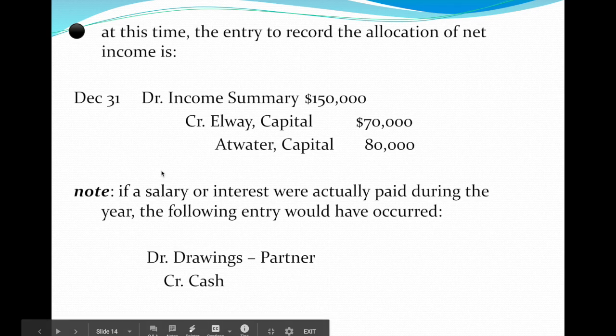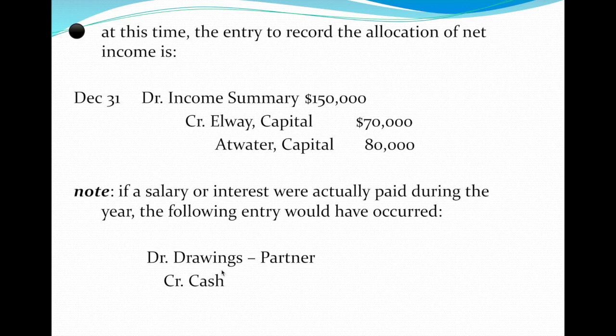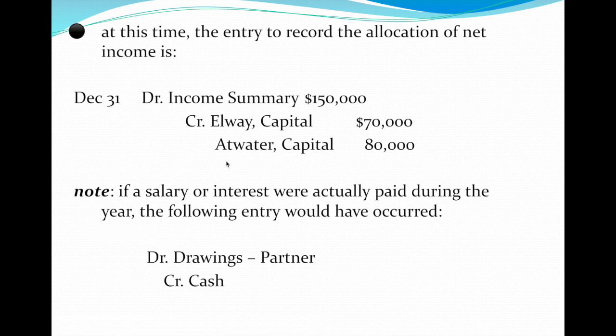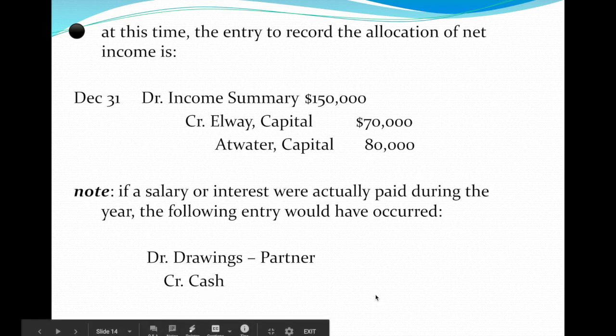Alternatively, if you wanted, you could do drawings for one partner and then cash for that amount, and then drawings for the other partner and then credit cash for that amount. You could do whichever you want. Just don't forget that if you do two debits and one credit, so debit Elway for 70 and debit Atwater for 80, then the cash would be the sum of the two, not just one.